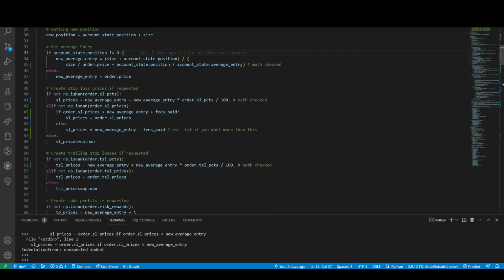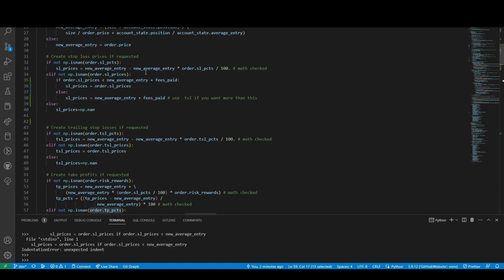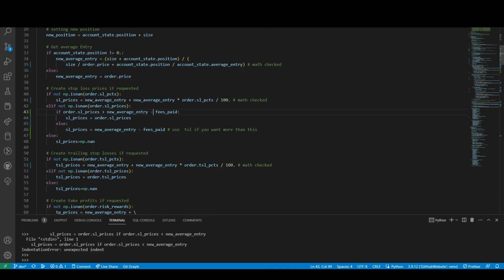Now I have to do the math to make sure. So the math was checked on this. Wait. Minus, right? Okay, yeah, these are both minus. Because we want to be below. We want to be below the new average entry. Okay.